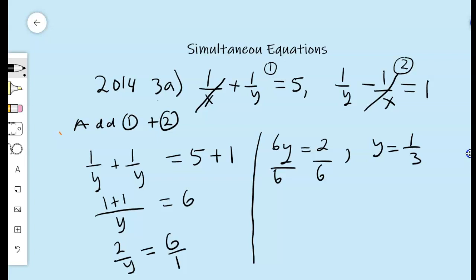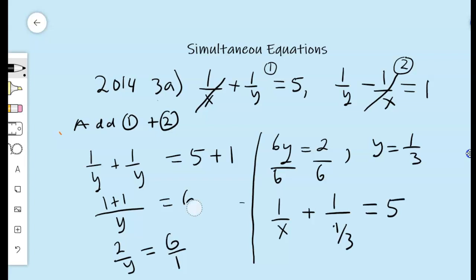Then we plug this into one of the equations to find our x. So we can plug it into equation 1. When we do that, we get 1 over x plus 1 over 1 over 3 equals 5.